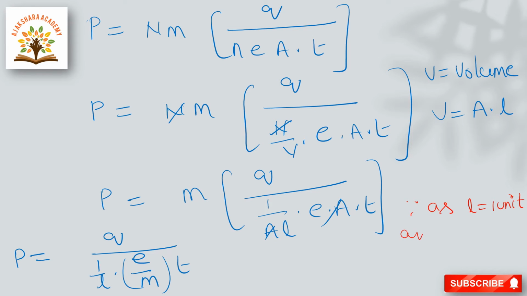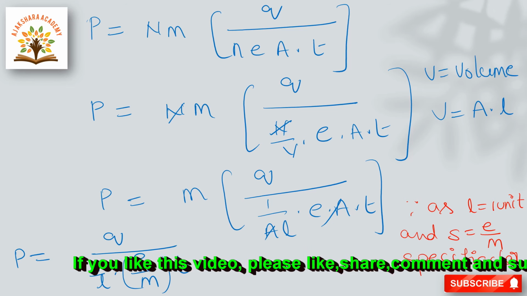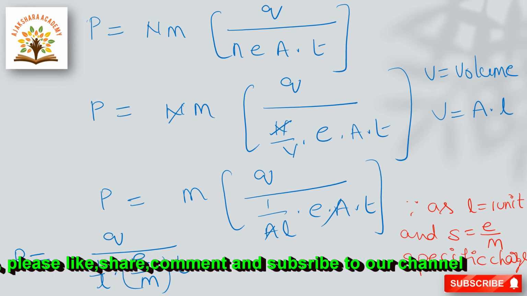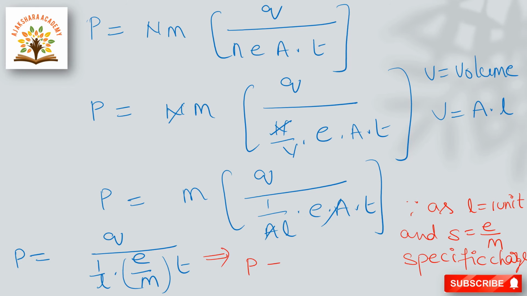and S is equal to E by m, that is specific charge. S is equal to specific charge. So P is equal to Q by T into S, S nothing but E by m.